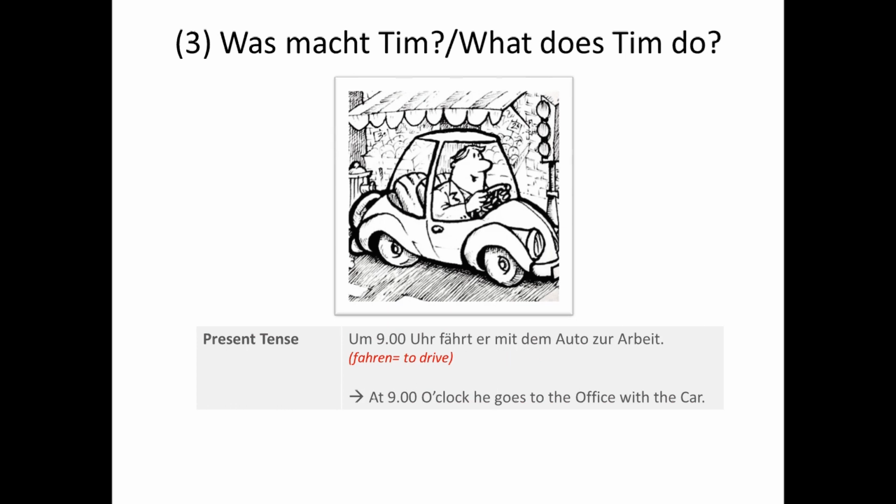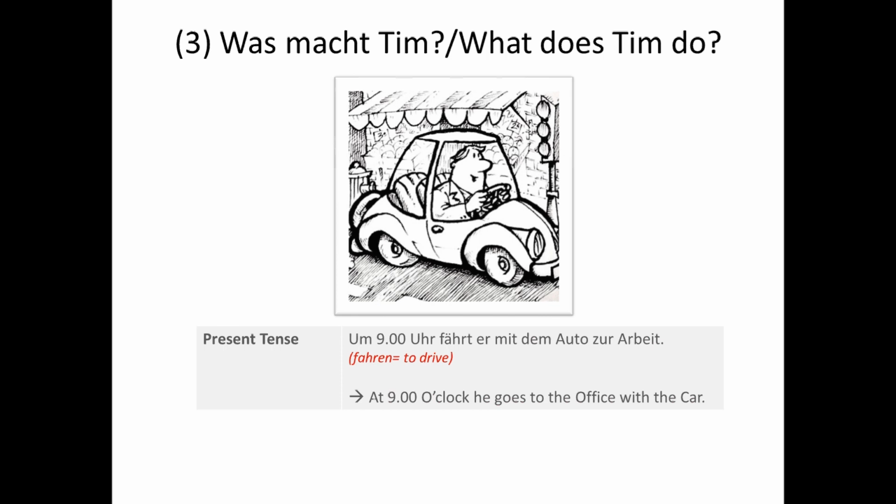9 Uhr fährt er mit dem Auto zur Arbeit. 9 Uhr, this is one part. Fährt, er fährt, gets conjugated. Fahren is the verb. Er fährt, then comes mit dem Auto, which means with the car, zur Arbeit, to the office or to the work.